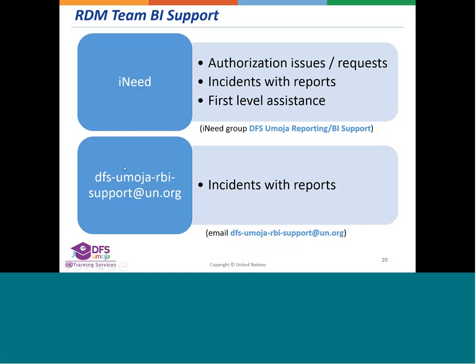And if you are not using INEED, you can always send an email to this generic email account where they will be able to find out what's going on with the report that you're using or any other requests that you may have.